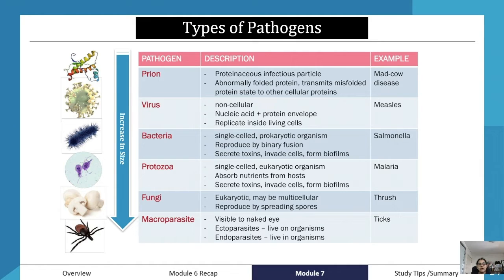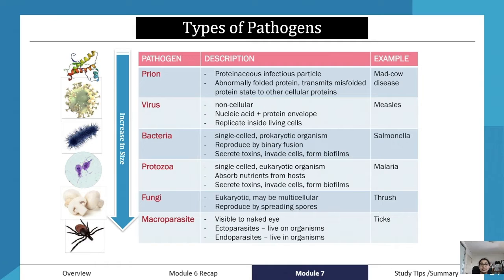And we go all the way up to macroparasites that can be up to like 25 centimeters long. So it's that progression. So prions are proteinaceous infectious particles, and they are abnormally folded protein that transmits its misfolded state to other cellular proteins, and an example of this is mad cow disease.